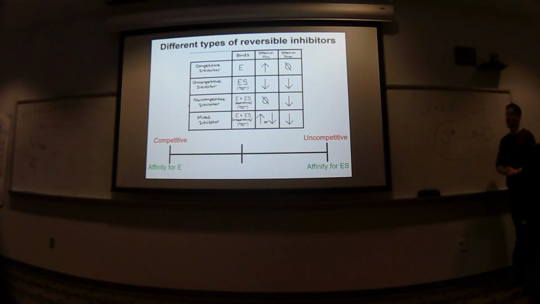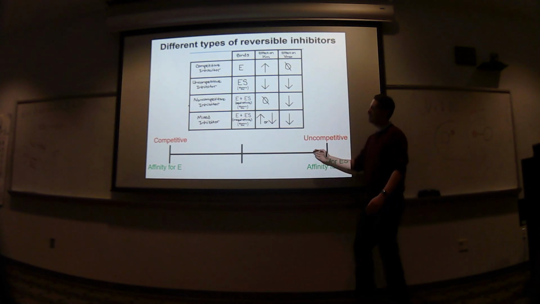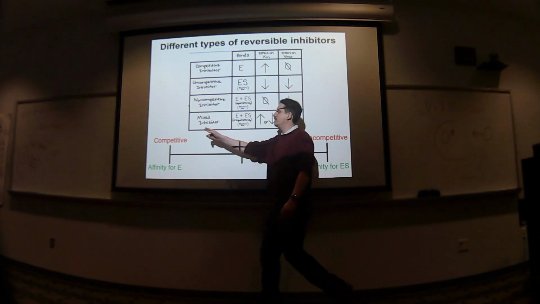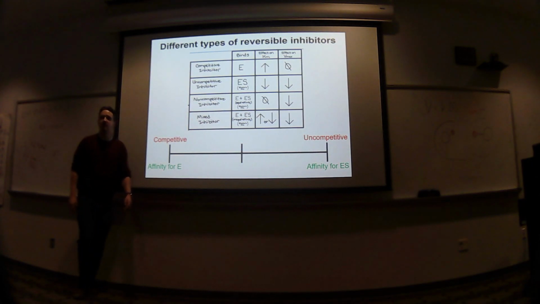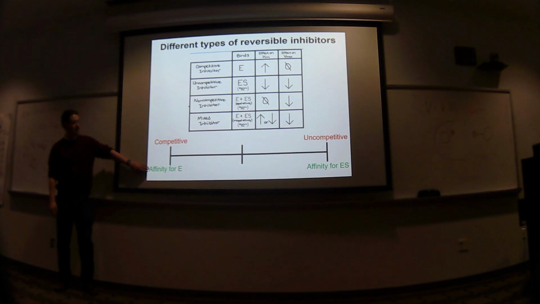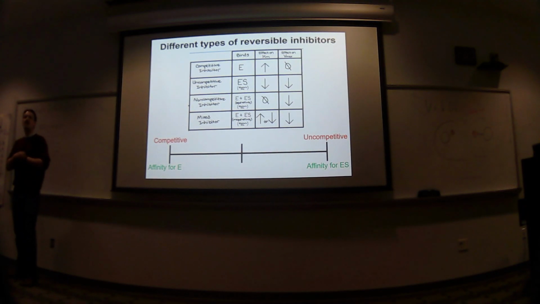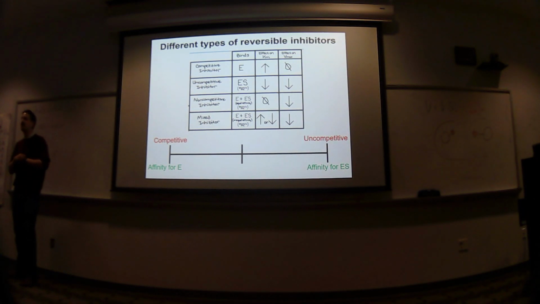So, there are the 4 different types of inhibitors. You can think of them as being on a spectrum. On one side, you have competitive inhibitors. Competitive inhibitors only bind to the empty enzyme, and the reason for that is because they are competing for the active site.